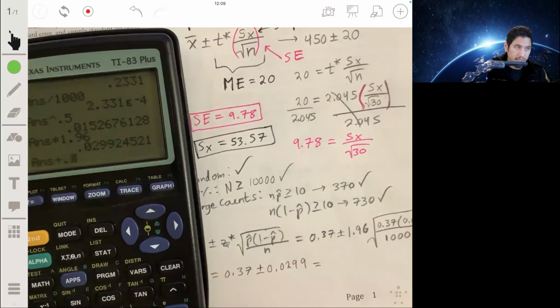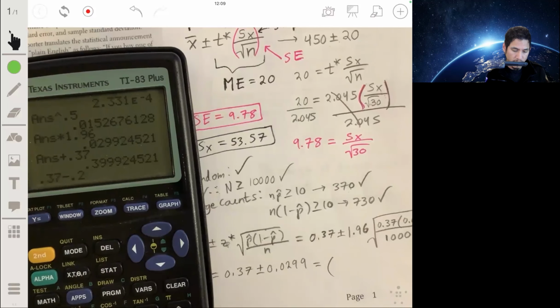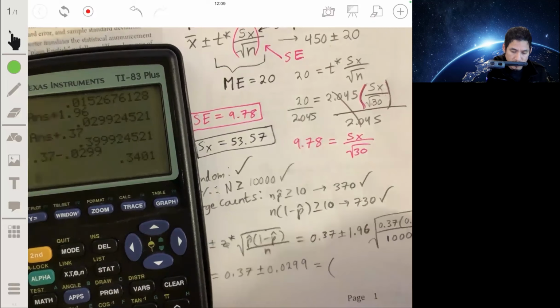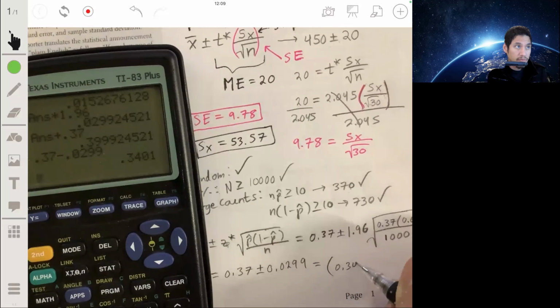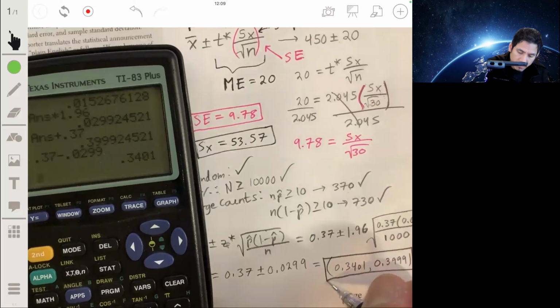So plus 0.37, all right, that'll be our upper bound, and 0.37 minus 0.0299 will give us our lower bound. So 0.3401 to 0.3999. So that's our confidence interval.